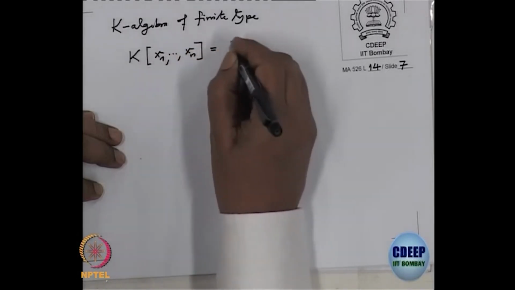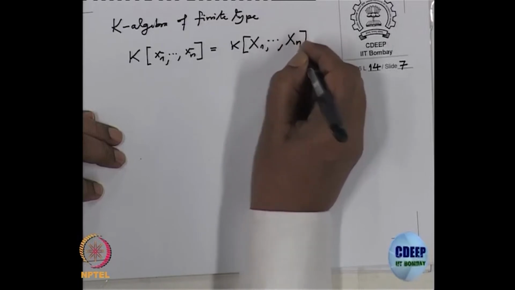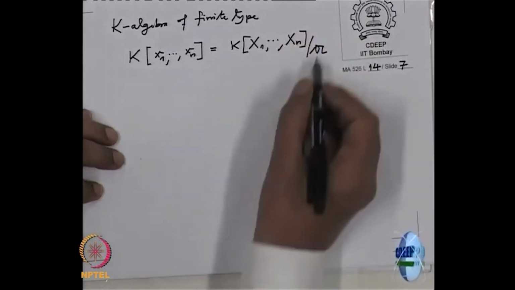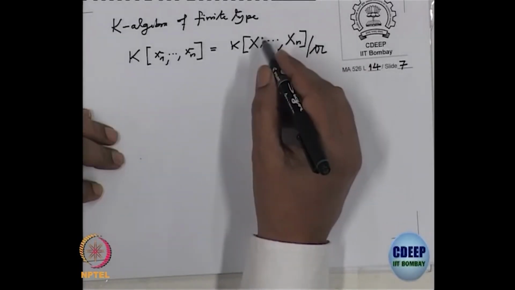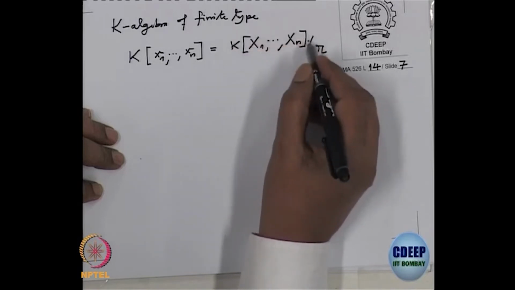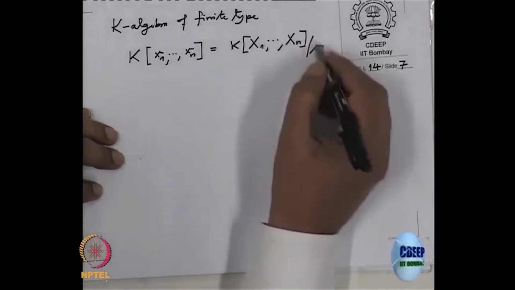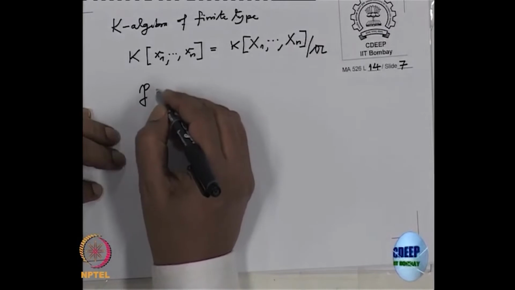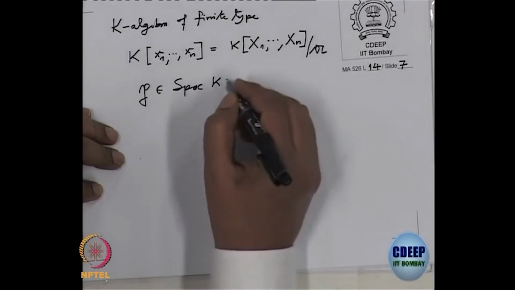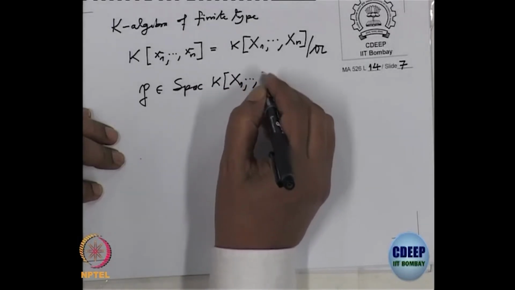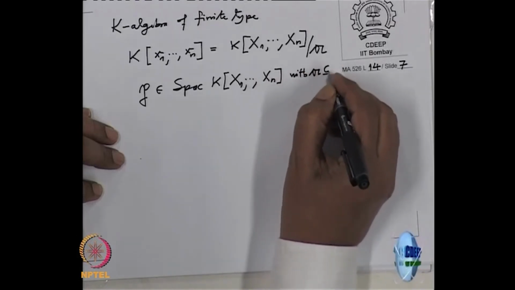So, this is a quotient of the polynomial algebra modulo some ideal A. And now, if you take a prime ideal P in this finite type K algebra, that prime ideal first of all will correspond to a unique prime ideal in the polynomial ring which contains this ideal A. So, it is in the spec of K x1 to xn and which contains A, that is, A is contained in P.